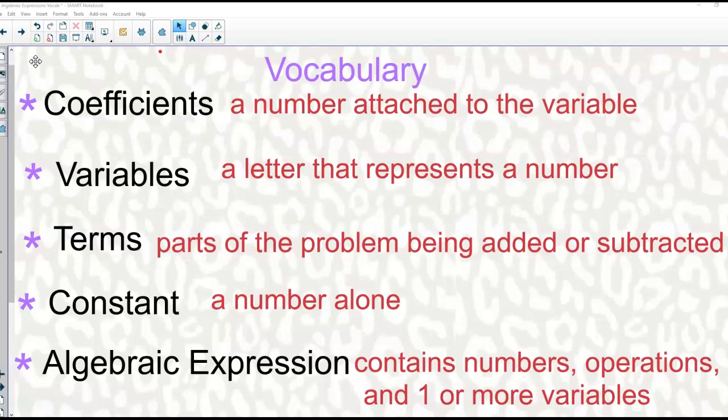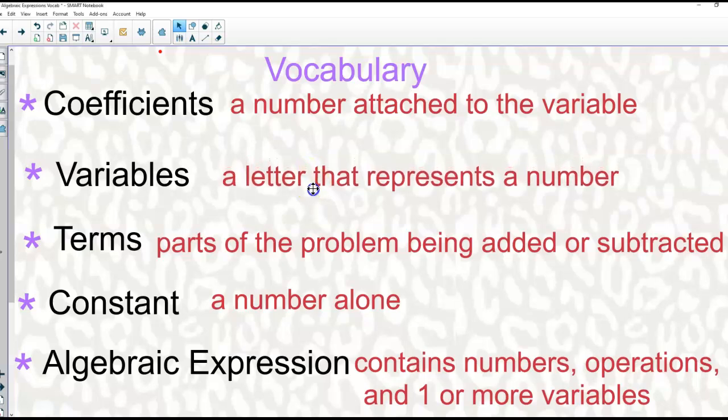Okay guys, so overall today was an introduction to algebraic expressions and a little bit of the vocabulary that we're going to use. So let's quickly review here that coefficients are the numbers that are attached. They are in front of a variable. The variable is a letter that stands for a number.